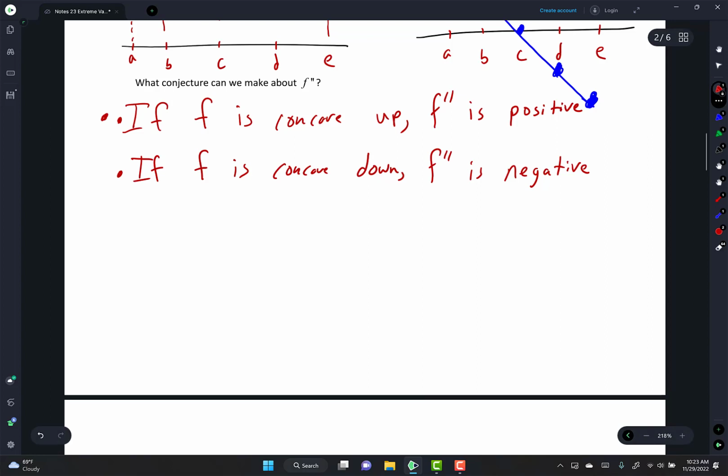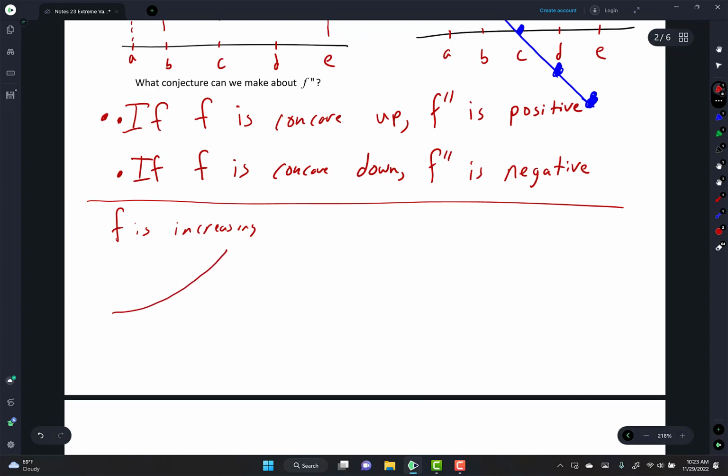You only have 4 types of graphs. These are the only 4 graphs you can have. You can either have, let's talk about f increasing. F is increasing. You can either have a graph being concave up or concave down. That's 2 of them. And I'm going to write f is decreasing.